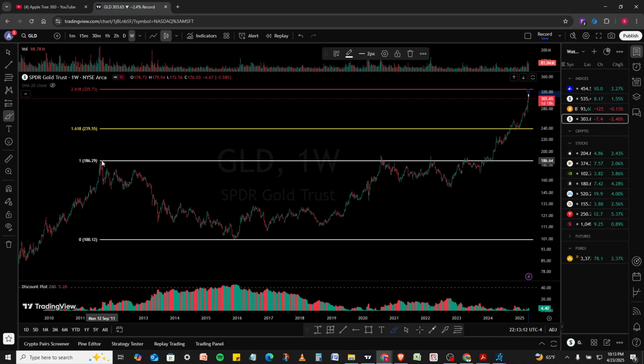That was in September 2011. Since that time, it did nothing for almost 4 to 5 years. It came down from 180-ish to $100 a unit. So as you can see, roughly a 45% correction over 4 to 5 years.